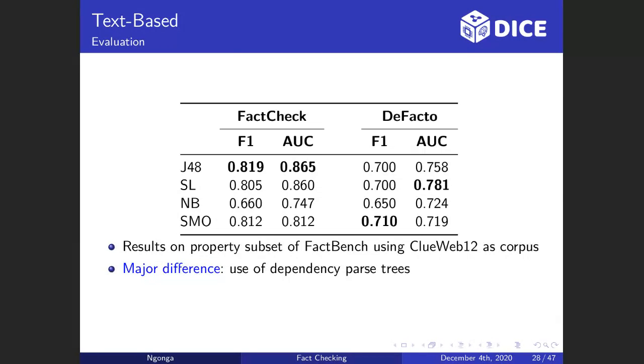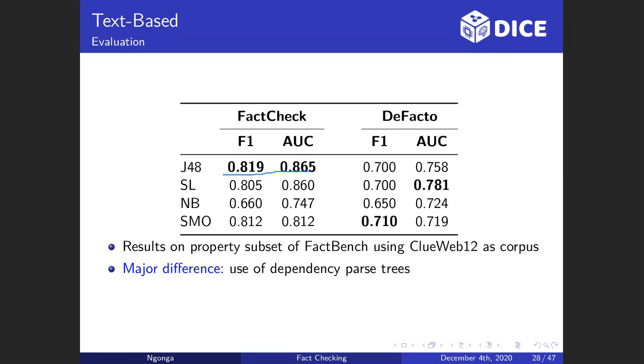You will see that when combined with different classifiers, J48, which does nothing else than decision trees, which is pretty cool because it means that you can actually even read the output, achieves the best scores. With an F1 measure of 0.8 and an AUC, ergo area under the curve, of 0.867.